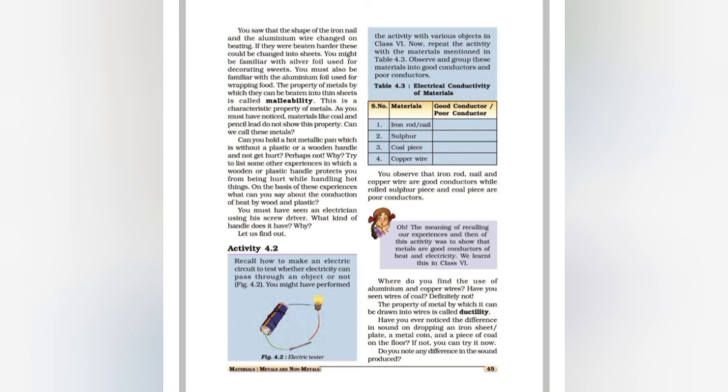The next property is ductility, because of which aluminium wires and copper wires are used. The property in which metals can be drawn into wires is called ductility. So metals are ductile also. Metals are malleable, metals are good conductors of electricity, and metals are ductile.